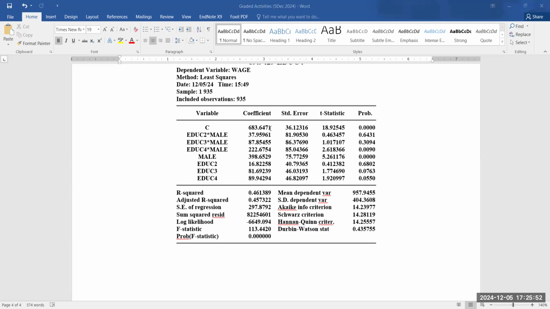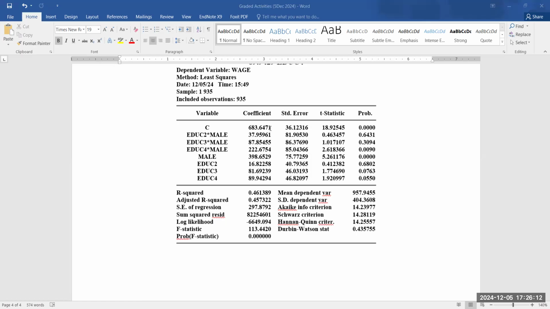If you look at the model fitness, the R square is 0.4614. So 46.14% of the variation in wages is explained, which is a reasonable number.